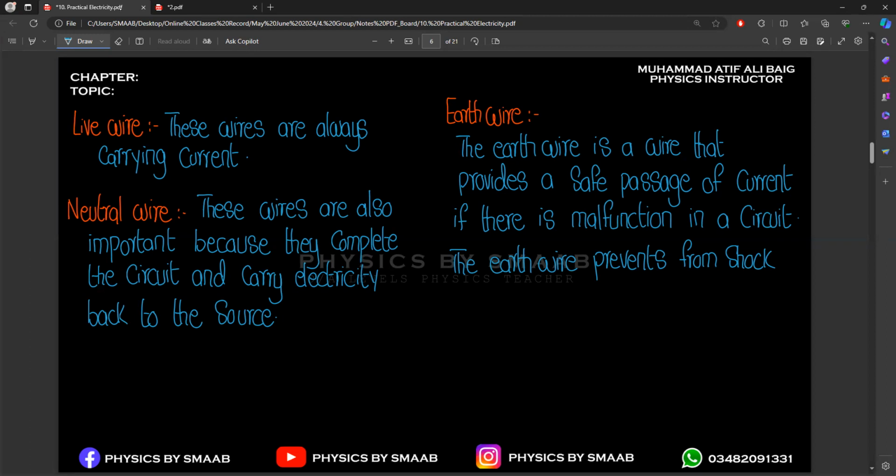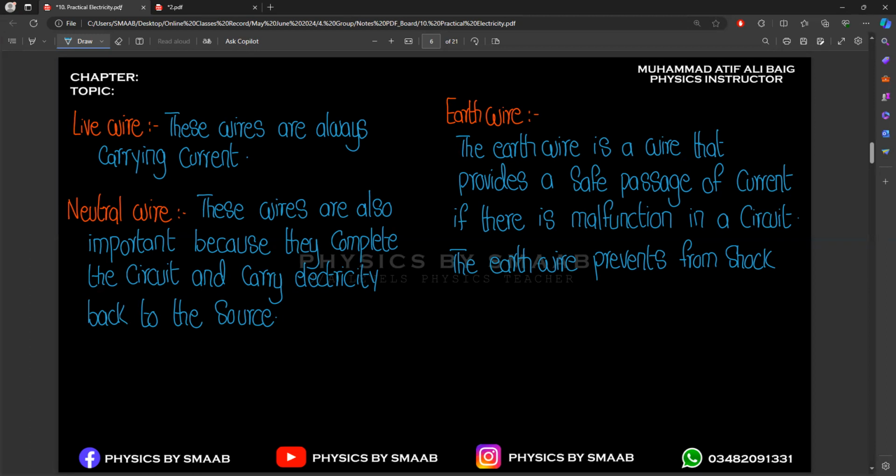basically the earth wire is also used for safety purposes, and the fuse is also used for safety purposes. But for the fuse we studied that its value is fixed. Once the current exceeds that value, the fuse will melt, otherwise not. So there is also some leverage there.